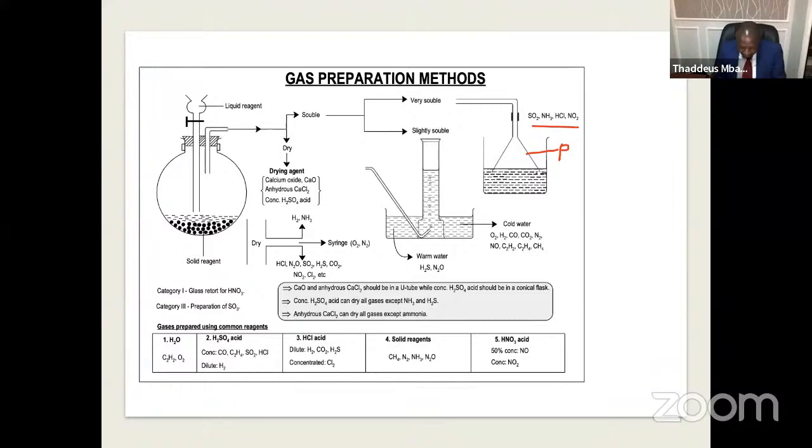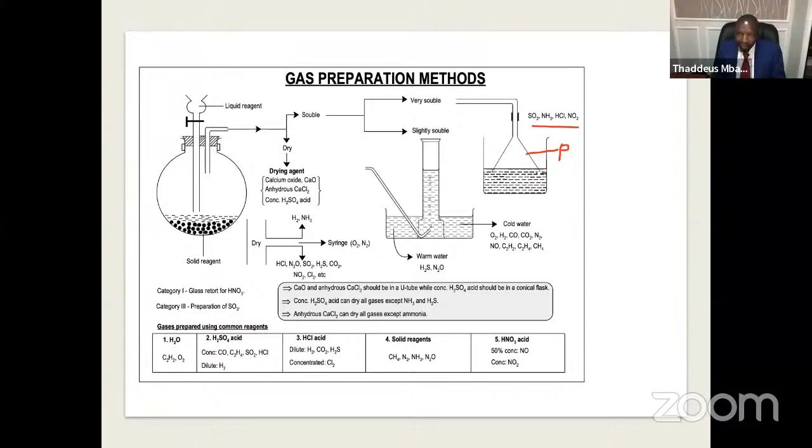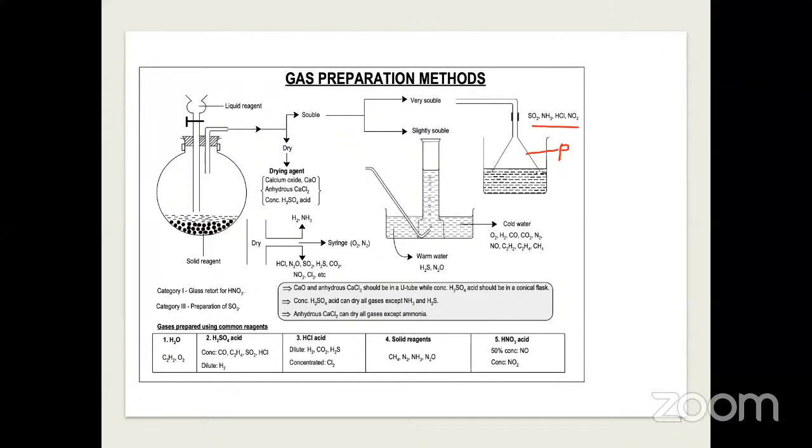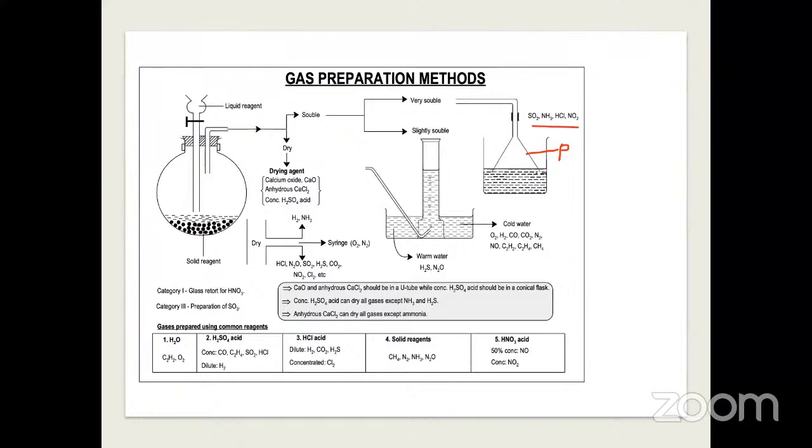Are we together? Good. So get ready to be magnetized. You just need to know the composition of air. What is the percentage of nitrogen in here? It's around 78%.